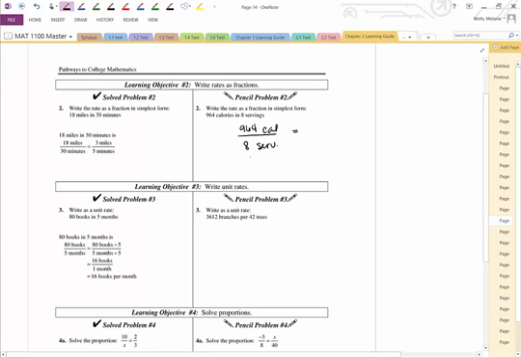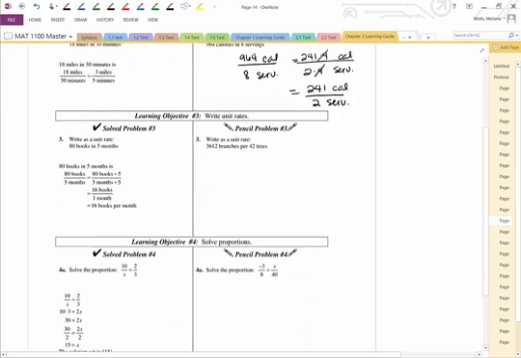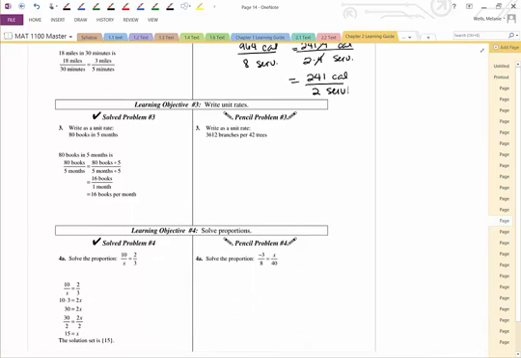So if I divide the numerator and denominator by 4, I'm just going to write every step here, that would be 241 times 4 over 2 times 4 calories over servings. So we cancel out the common factor of 4, and I'm left with 241 calories for 2 servings. If I wanted to change that to a unit rate, I would need to divide both the numerator and denominator by 2.